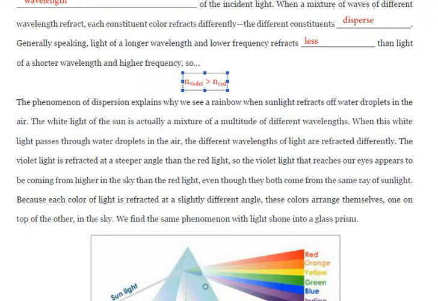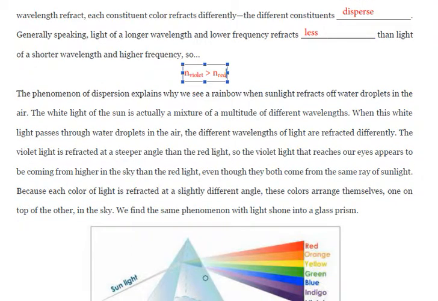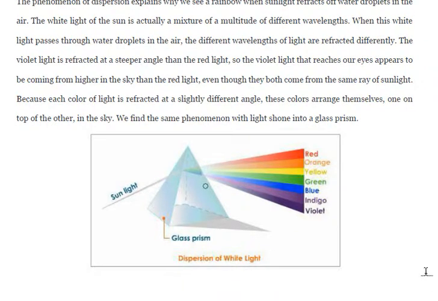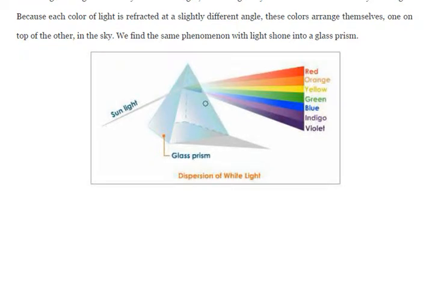The violet light gets refracted at a steeper angle than the red light. So violet light that reaches our eyes seems like it's coming from a little bit higher than the red light did, even though they're coming from the same ray. Because every color is refracted at a slightly different angle, they arrange themselves at different heights, one on top of each other. So the colors of the rainbow that you learned, that's exactly the order they get refracted in.